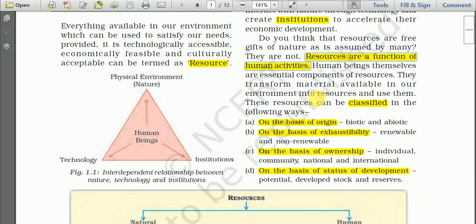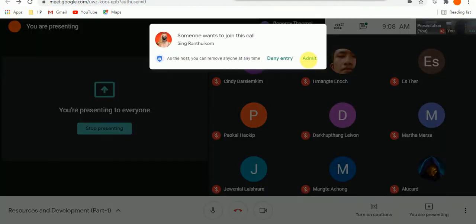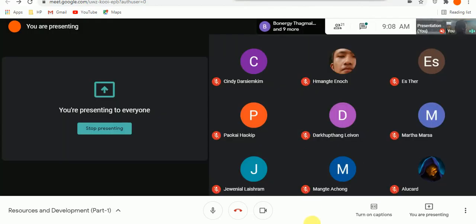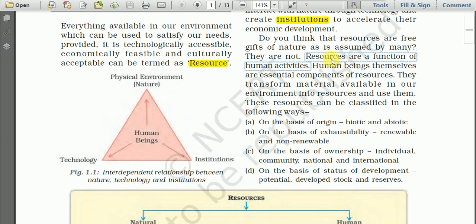Say, for example, to a prehistoric man, coal was not a resource because they did not know how to use it, and they did not have the technology to use coal. That is why to the prehistoric man, coal was not a resource. But now coal is a resource to us because we know how to use it. So that is the meaning of this statement: resources are a function of human activities.